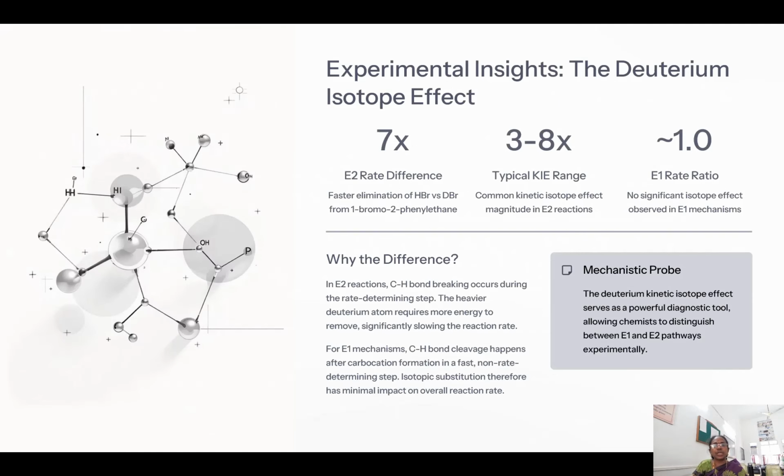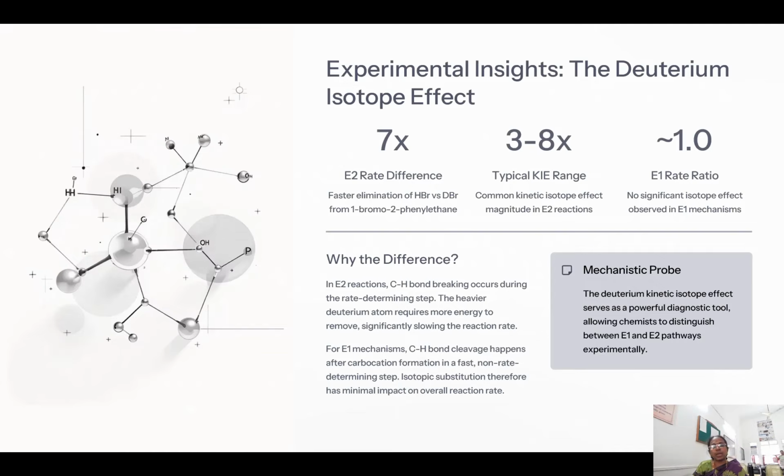Experimental insights in deuterium isotopes: about 7x the E2 rate difference, 3 to 8x typical KIE range, and approximately 1 for the E1 rate ratio. What is the difference? Why do these differences occur? In the E2 reaction, C-H bond breaking occurs during the rate determining step.